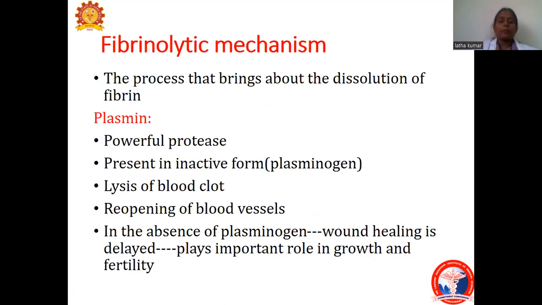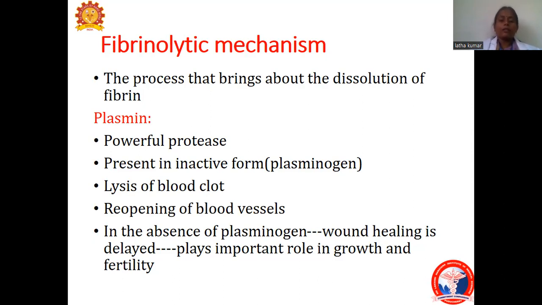Fibrinolytic mechanism: the process that brings about the dissolution of fibrin. The first one is plasmin. It is a powerful protease present in inactive form, plasminogen. The main action of plasmin is lysis of blood clot.